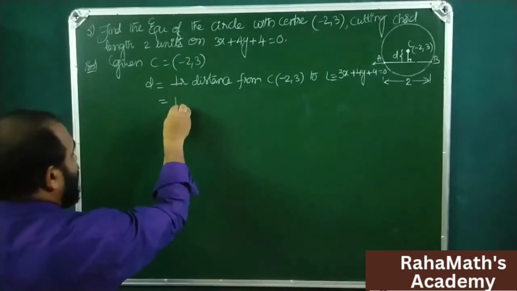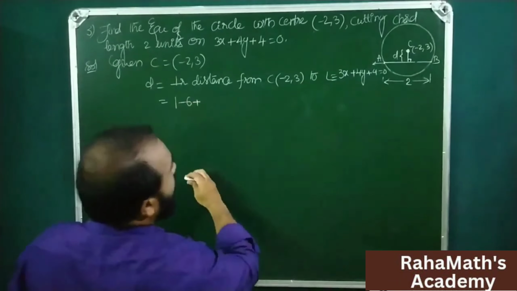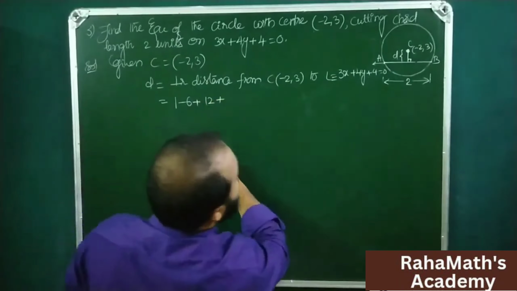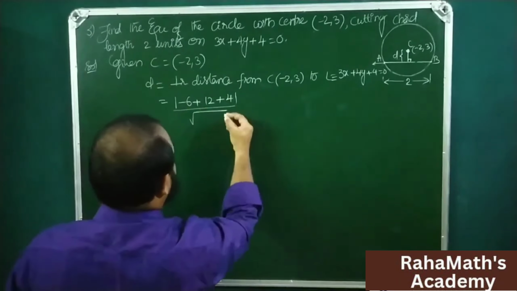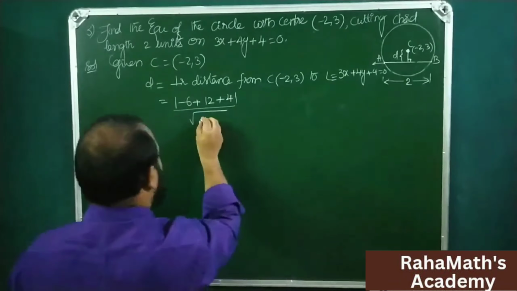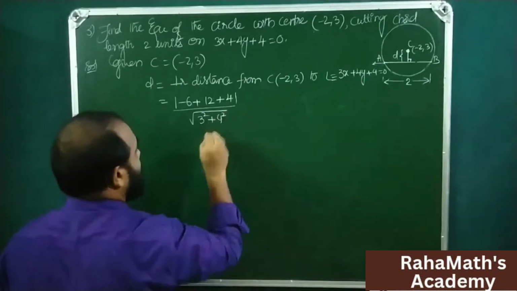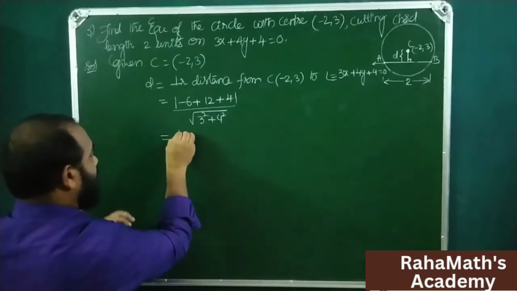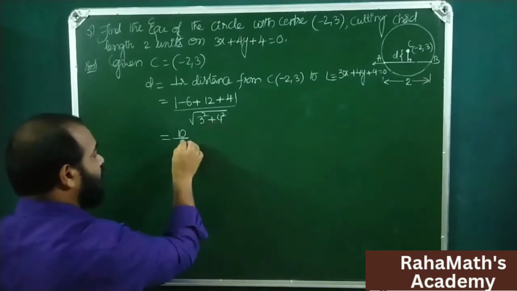So this is 3 into -2, which is -6, plus 4 times 3, which is 12, plus 4, by the square root of 3 square plus 4 square. So 12 plus 4 is 16, minus 6 is 10, by root of 25, which is 5.